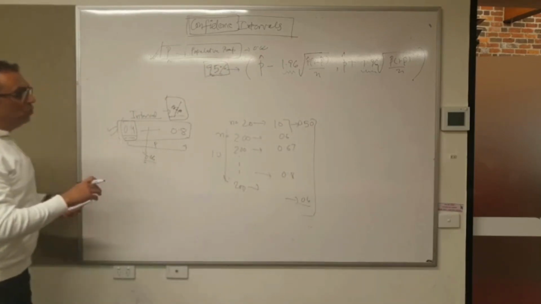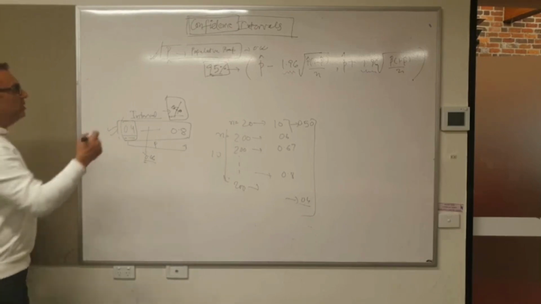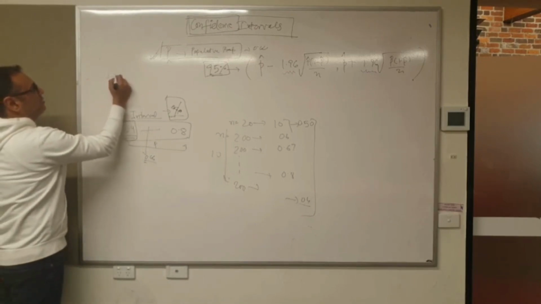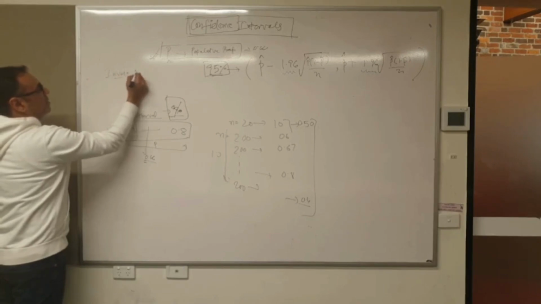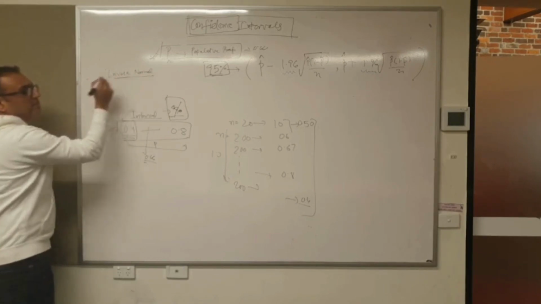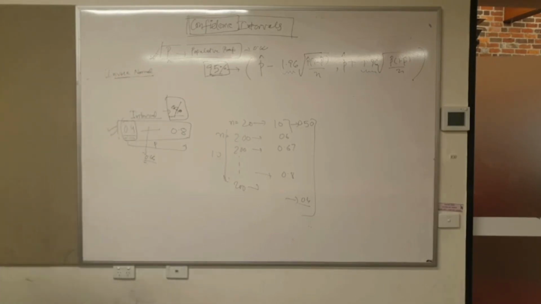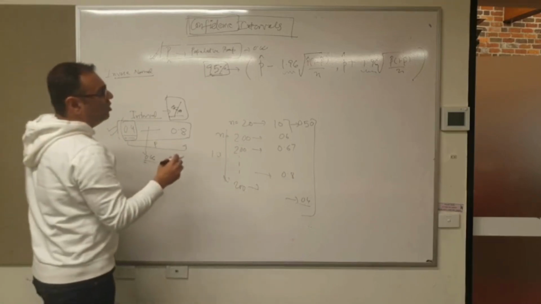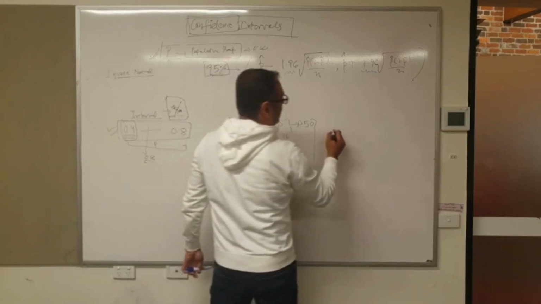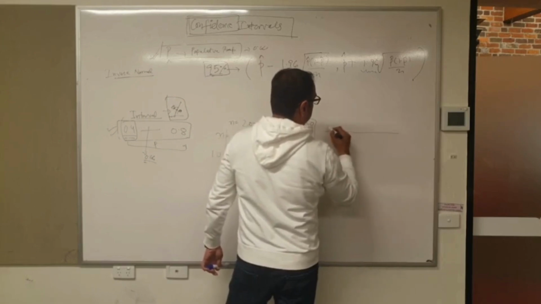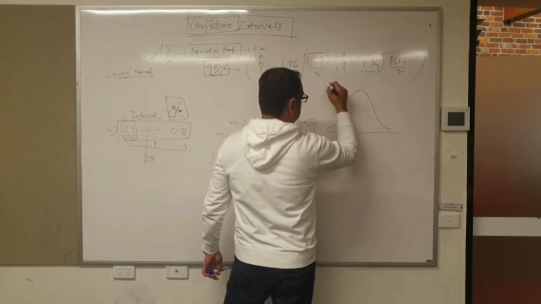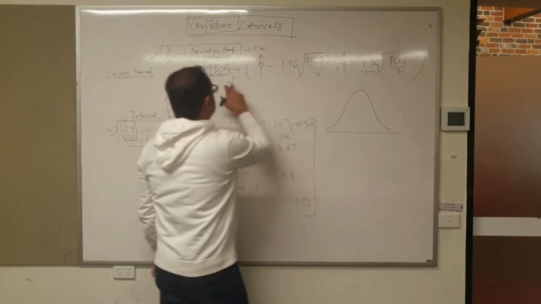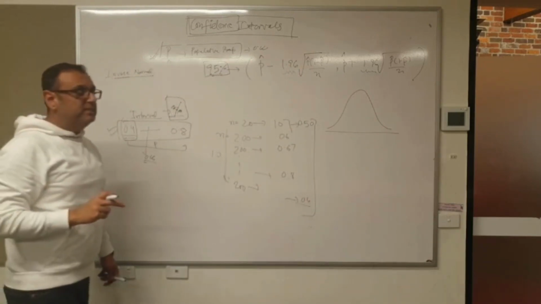So if you go to your inverse normal, open your CAS up, you've got your inverse normal. So in your inverse normal, let's say that's how it is. And I'm talking about the 95% confidence.